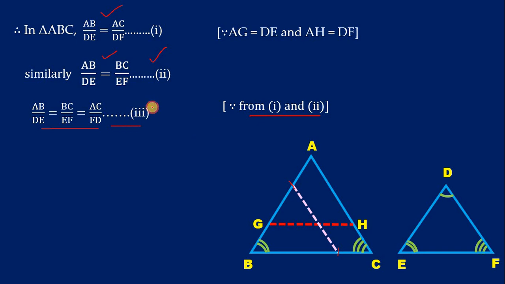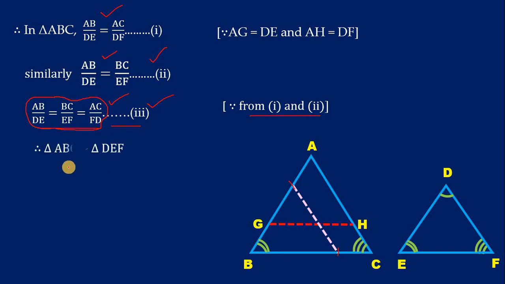And now carefully observe this one. Here all corresponding sides are proportional. This is what we wanted to prove, the first thing, isn't it? Now in the data, you remember all corresponding angles are equal. So here all corresponding sides are proportional, and in the data they said all corresponding angles are equal.